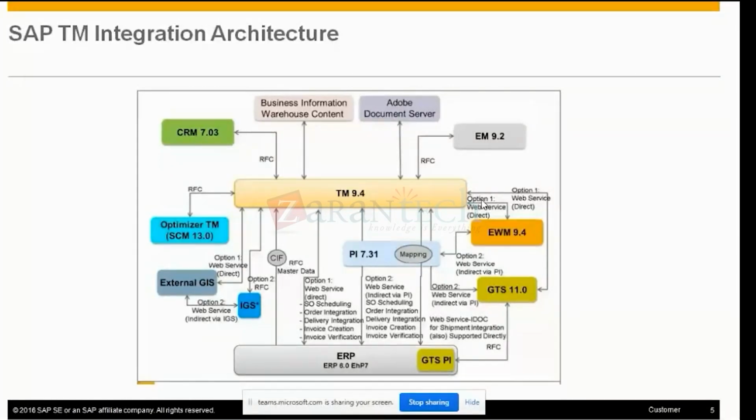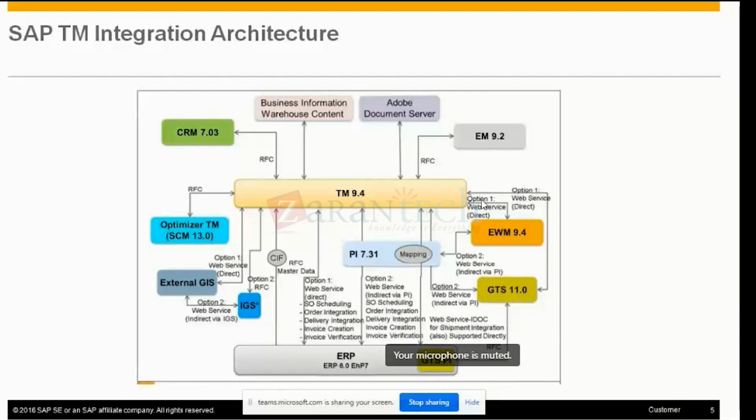One question: initially you said that for the embedded, when both ECC and TM are on S/4HANA, then it's like a single sign-on. In this case, when you were mentioning TM and EWM talking to each other, I thought it mentioned PI as a middle layer.